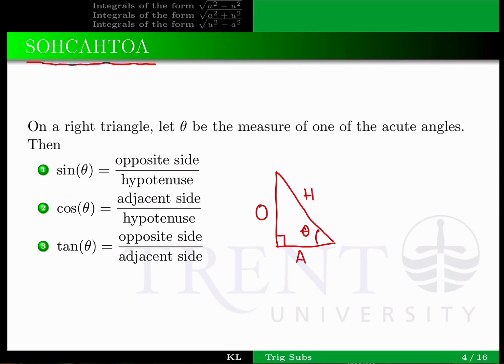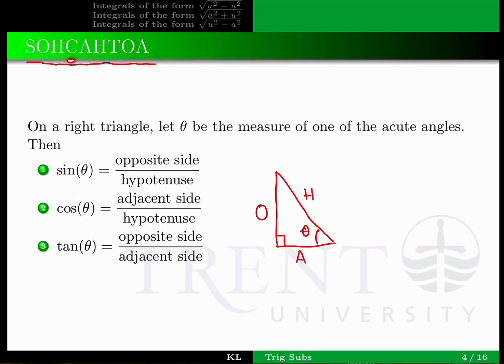So it only means that sine of theta is equal to the opposite side over the hypotenuse. So that's our SOH. Cosine theta equals the adjacent side over the hypotenuse.